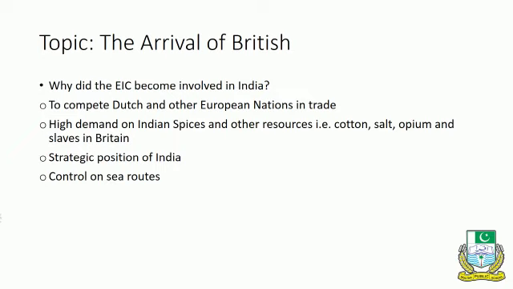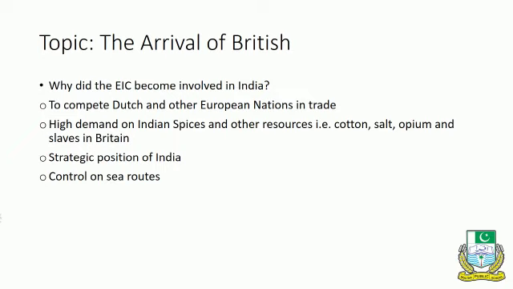The other reason why the British got involved in the subcontinent was the demand for Indian spices and other resources. The Dutch had progressed because of the spice trade, and Europe did not grow its own spices, so the explorers from Europe would set out in search of spices, and India was rich in those.